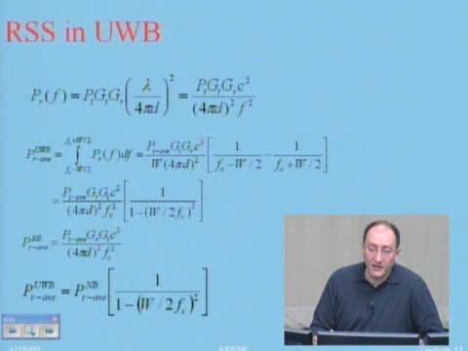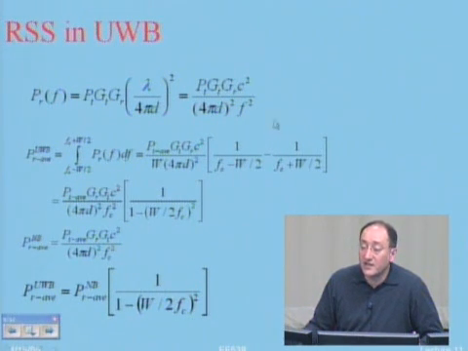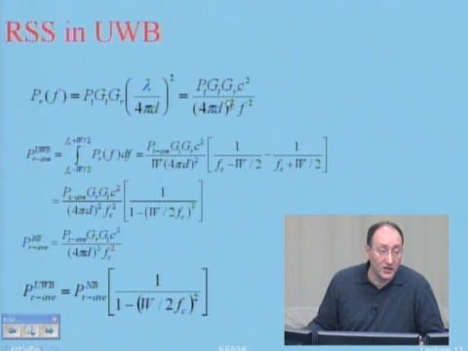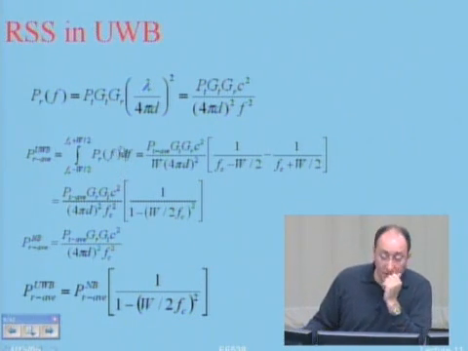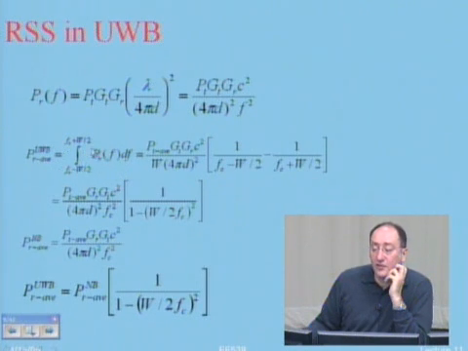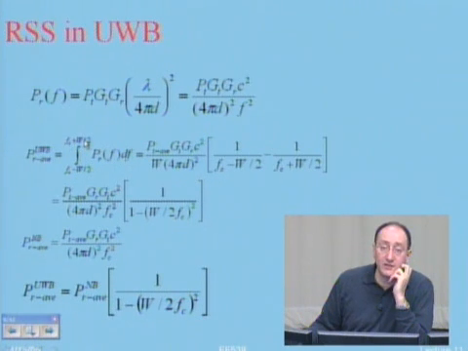But in ultra-wideband, this approximation is not that correct. If I have the bandwidth as only a fraction of the carrier frequency, this is a good assumption. Otherwise, it's not. Let's see what will happen. If I have the power at different frequencies, for the total power I have to integrate over f, between fc minus w over 2 and fc plus w over 2.